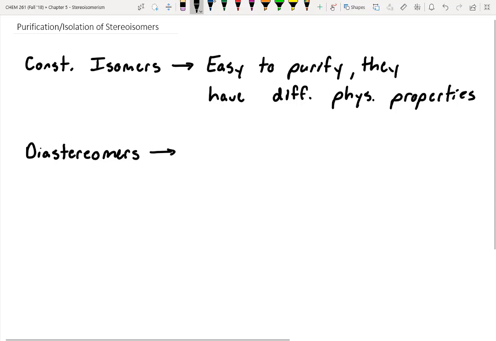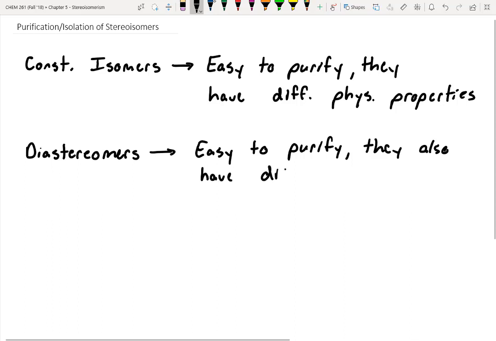So diastereomers are easy to purify too, because they also have different physical properties. For example, you could maybe distill one diastereomer away from the other or vice versa, or maybe you can crystallize one and not the other. So there's a bunch of different techniques you can use to purify diastereomers.